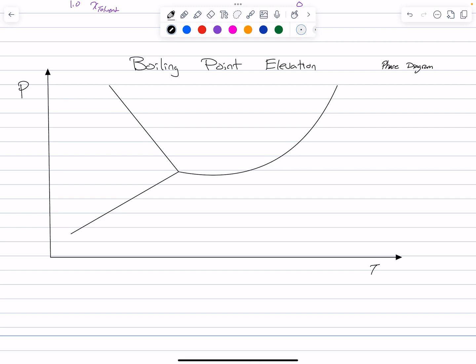All right. So then we have, let's just call this 0, let's call this 1 atmosphere. That line. And so this temperature right here would be 0 degrees Celsius. And this temperature right here would be 100 degrees Celsius.